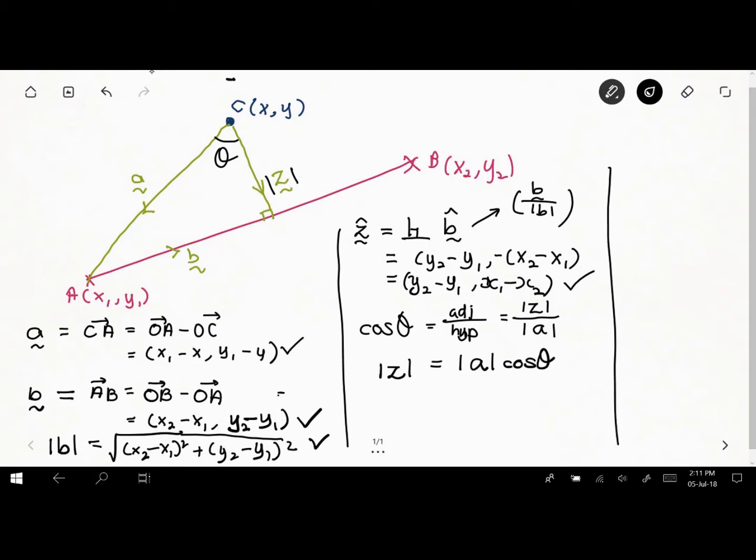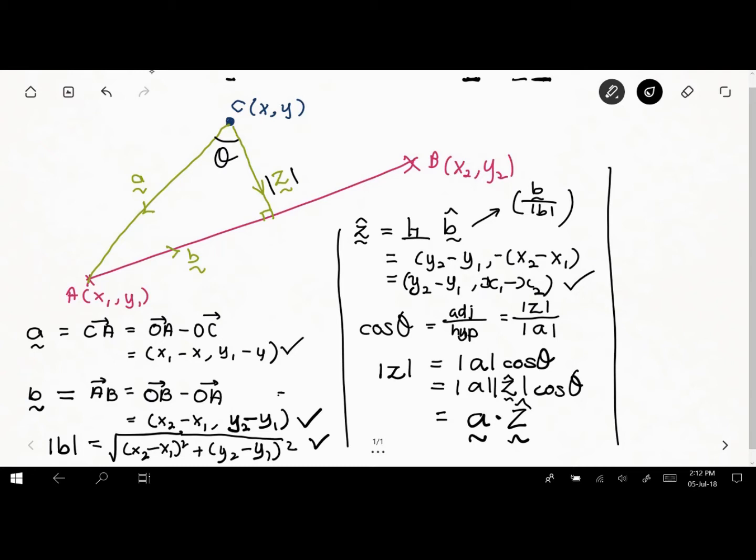Since Z is a unit vector of magnitude 1, we can write A with the Z unit vector. This is cosine theta, which is A dot the unit vector Z. We know A and we know Z, so we just need to perform a dot product.